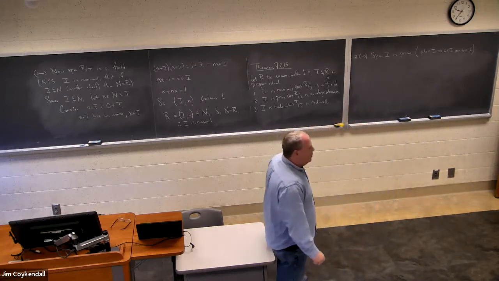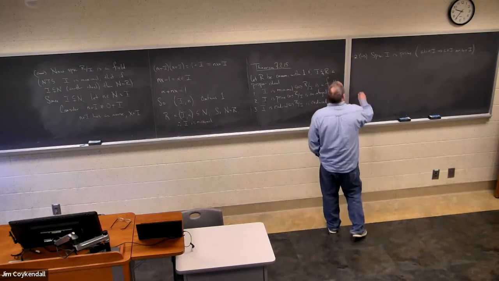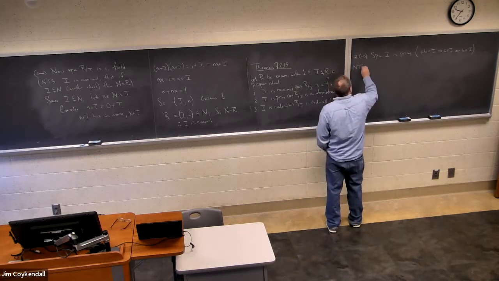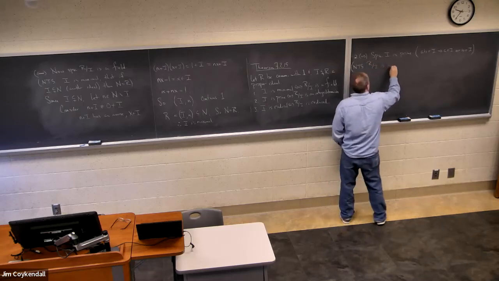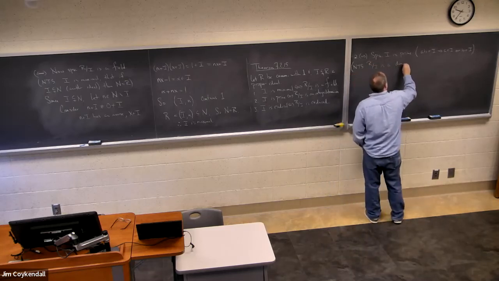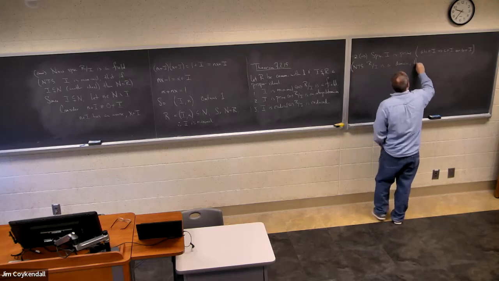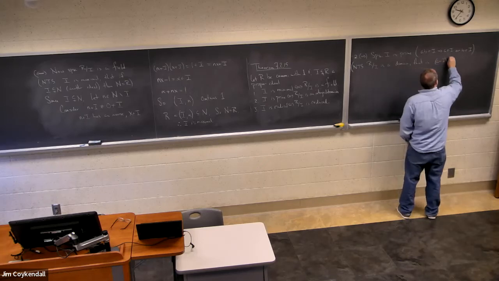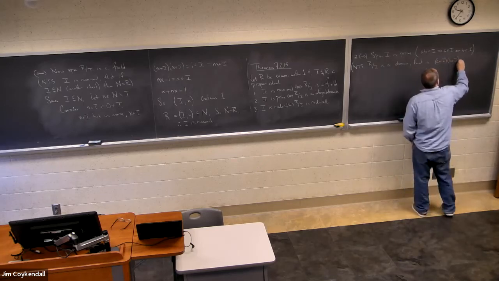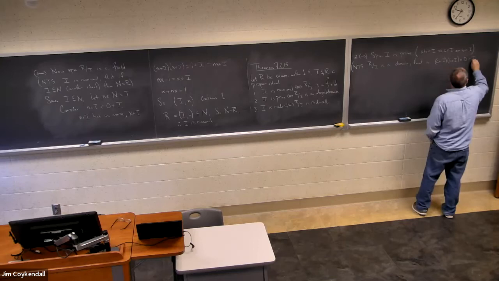We need to show R mod I is an integral domain. That is, if a plus I times b plus I equals 0 plus I, then one of them is zero.